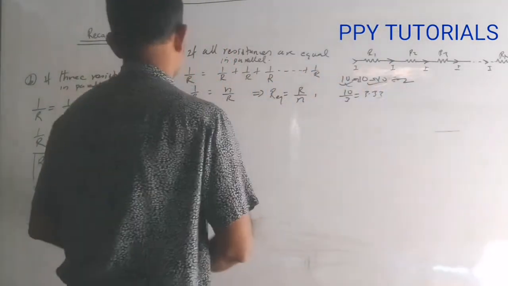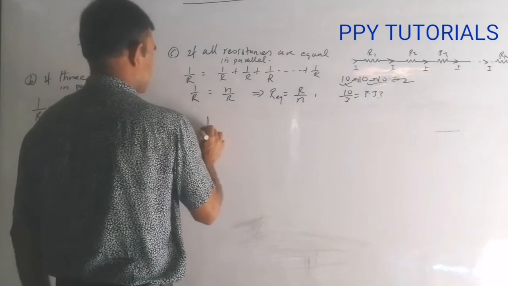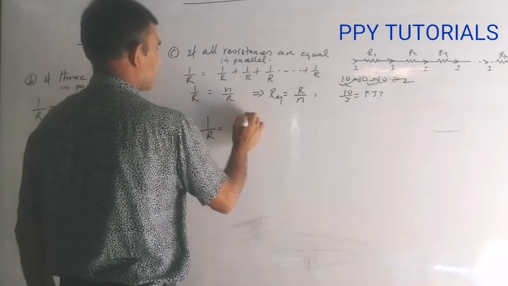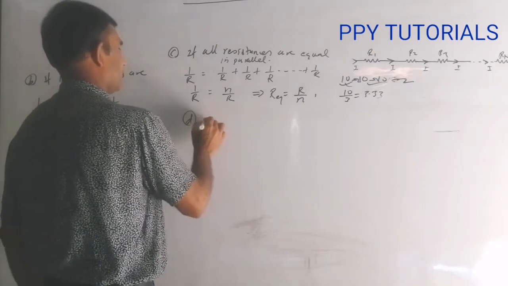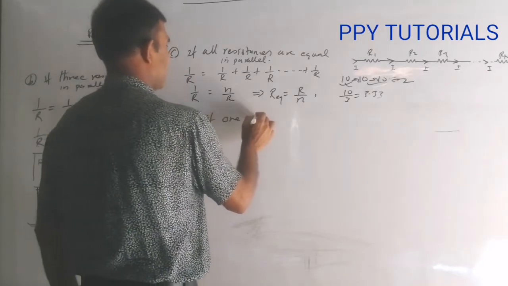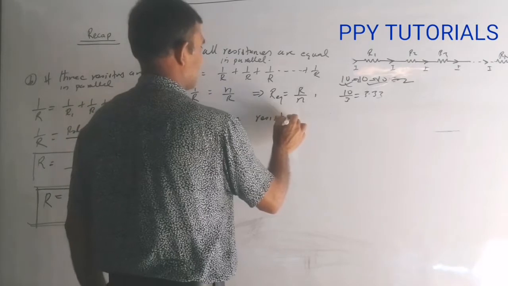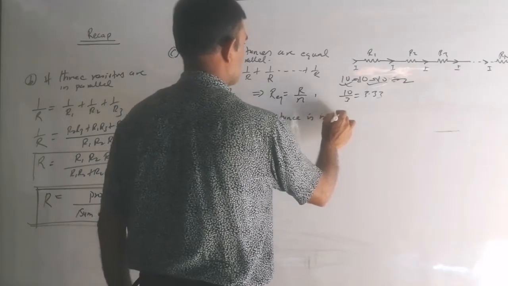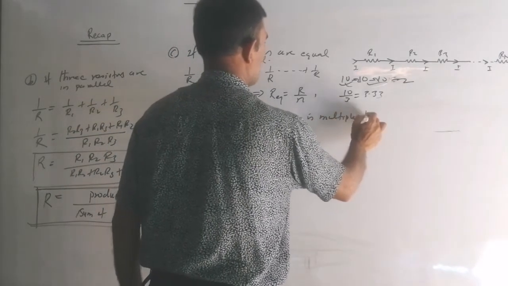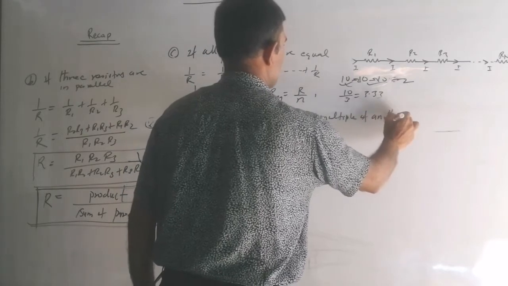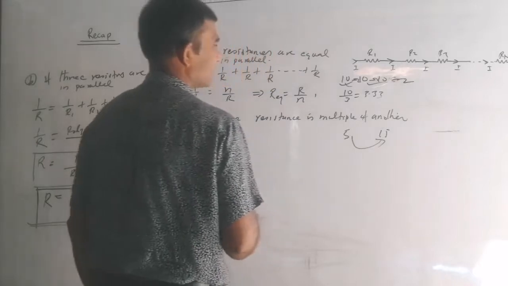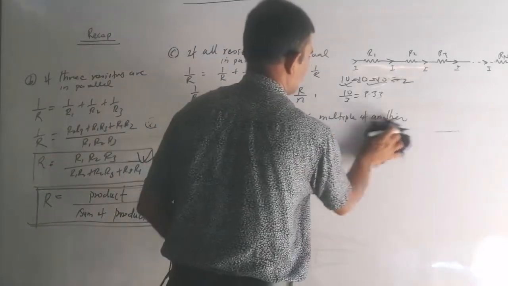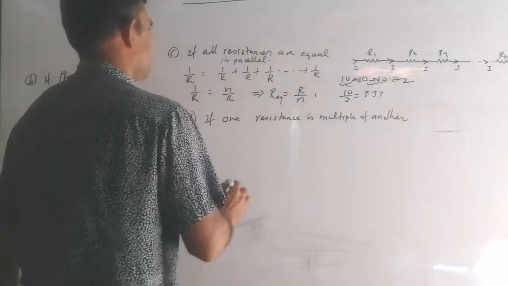Let's see the two resistances. Fourth case: if one resistance is a multiple of another. I mean, one is 5 ohm, other is 15, so 15 is 3 times 5. What will be the equivalent resistance in that case?